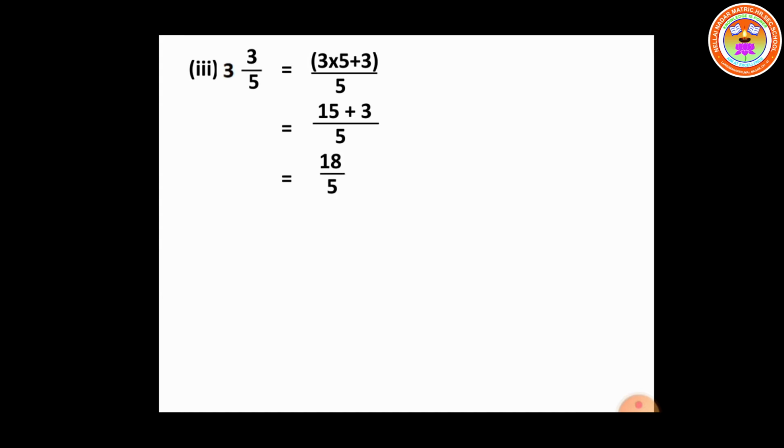Here the denominator is 5. We want to make it a multiple of 10, so I multiplied both numerator and denominator by 2. 18 into 2 by 5 into 2. Now it becomes 36 by 10. So when we divide by 10, it gives 1 decimal. So the answer is 3.6.